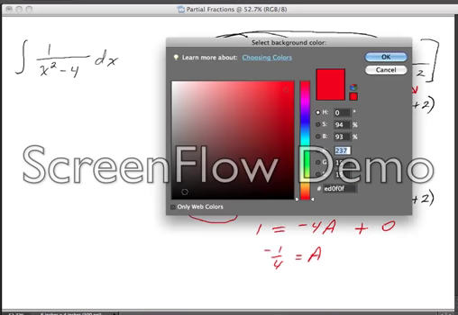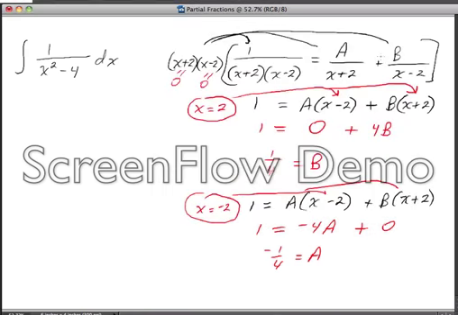So what that does is it enables me to rewrite my original integral. I usually start with a positive because b is positive. I'll put the b over the x minus 2. So I have a 1/4 over x minus 2 plus a. In this case, I have a over x plus 2, and a is a negative.